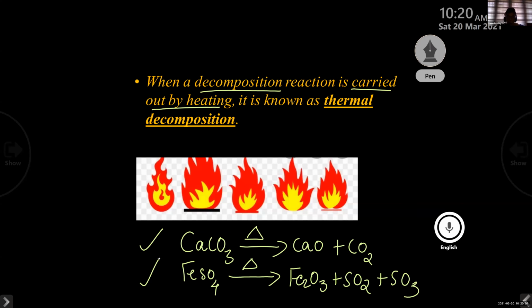When a decomposition reaction is carried out by heating, it is known as thermal decomposition. Okay. Can you read these examples also? Example, calcium carbonate produces calcium oxide plus carbon dioxide. Okay.